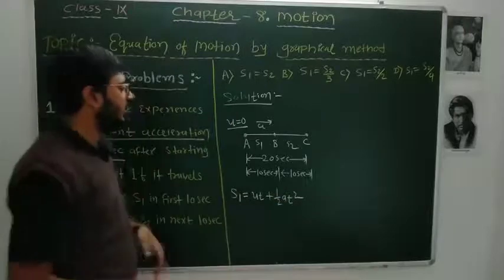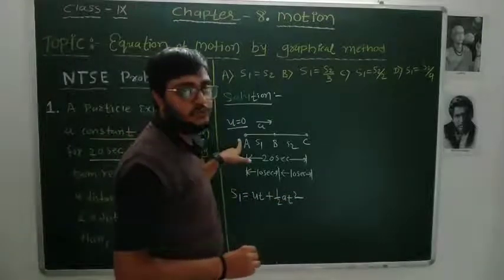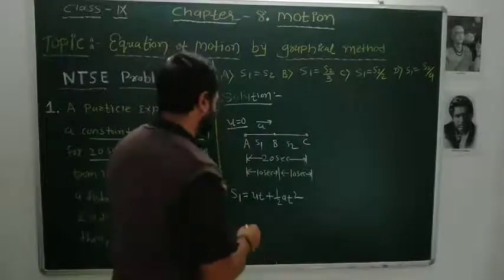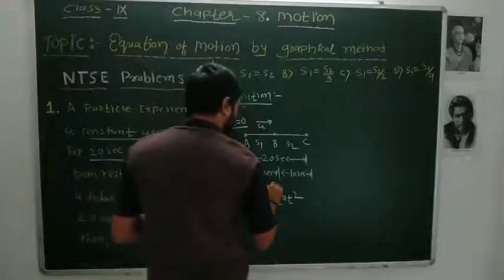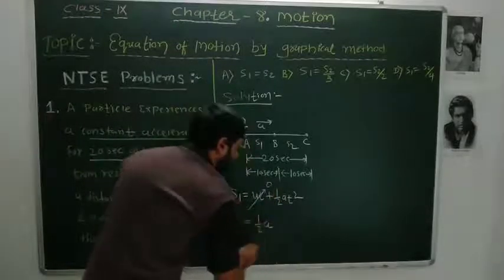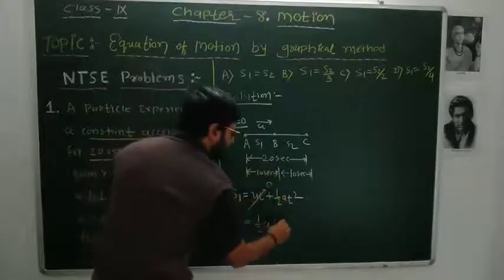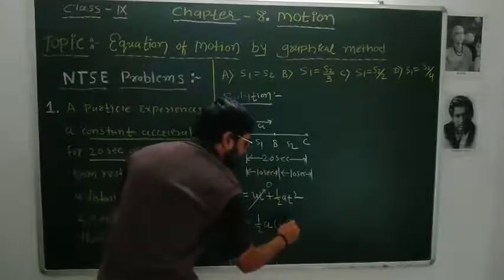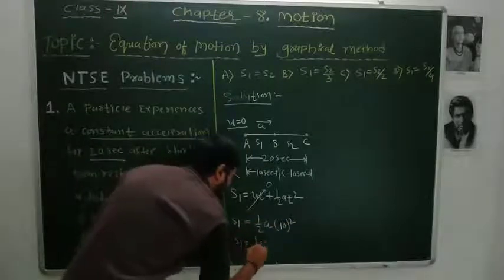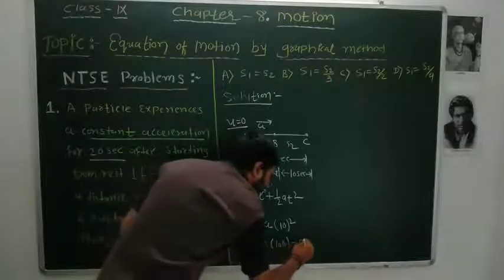But here the initial velocity of this particle is 0, because it starts from rest at point A, so this term will be 0. Here a is the constant acceleration and t is the first 10 seconds, so we put 10. Finally we get s1 is equal to half a times 100, that is 50a.